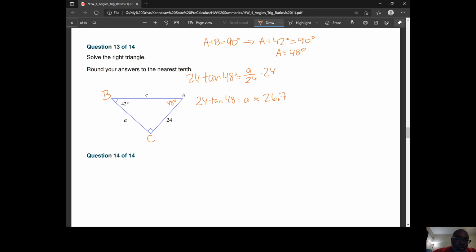Okay, so for A, we'll say that is cosine of A. Cosine of 48 degrees is equal to 24 over c. Let me put a circle around that one. Okay, so that means multiply both sides by c. c cosine of 48 degrees is equal to 24.